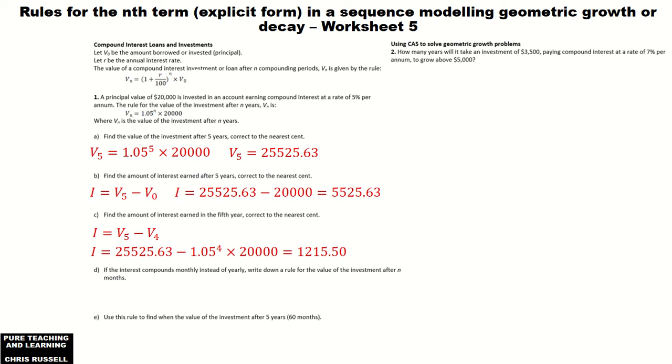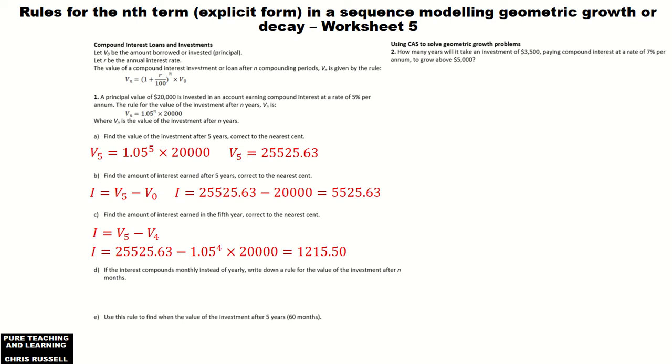So we subtract 1.05 to the power of 4 multiplied by 20,000 equals $1,215.50.